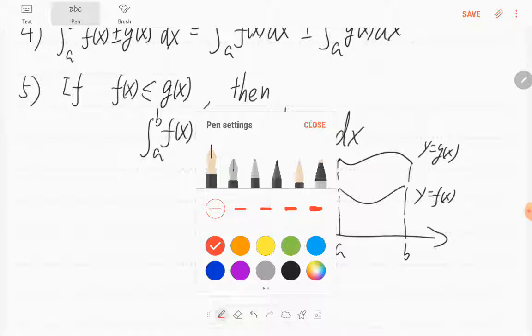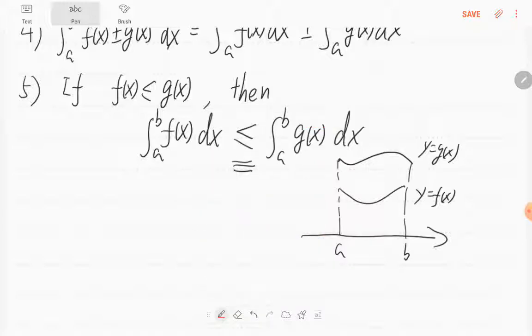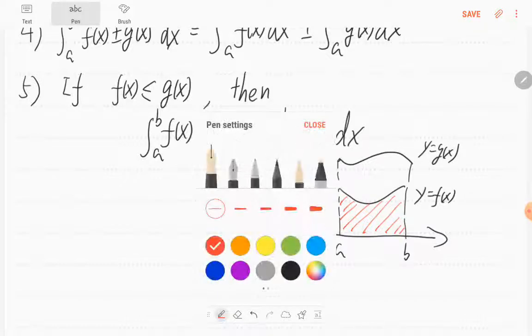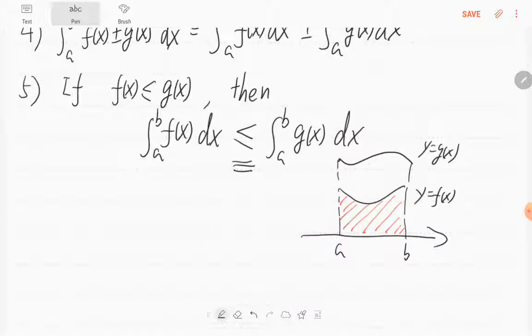So the integral from a to b of f of x dx is this area, and the integral from a to b of g of x is the black region. So it's obviously the black region is greater than or equal to the red region. So this is this property.